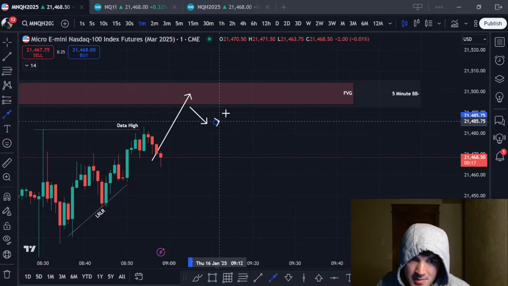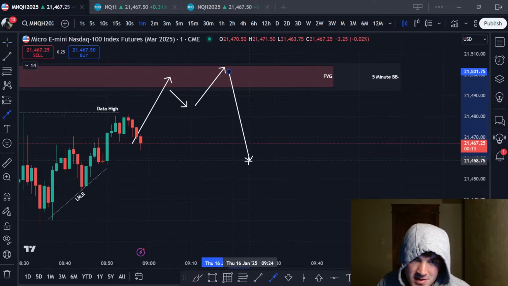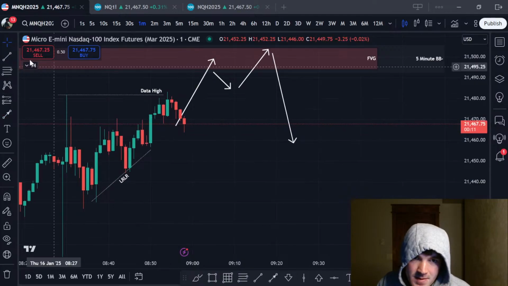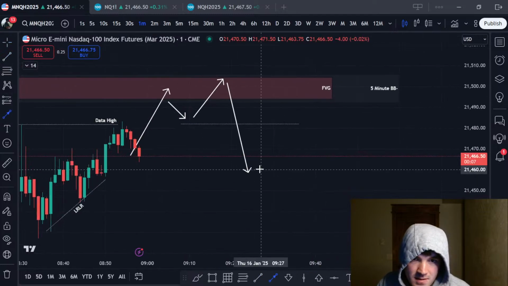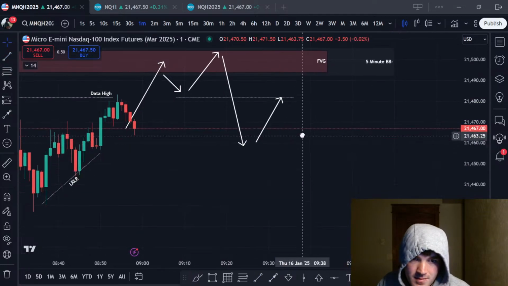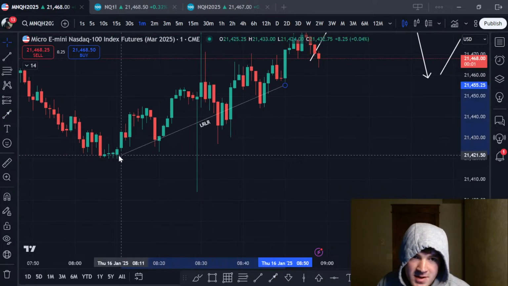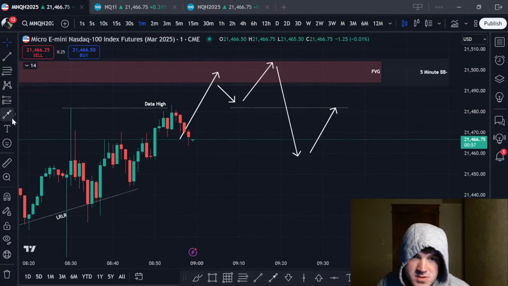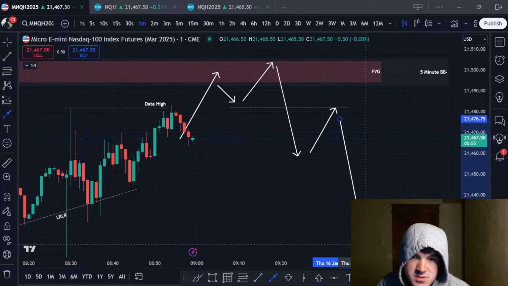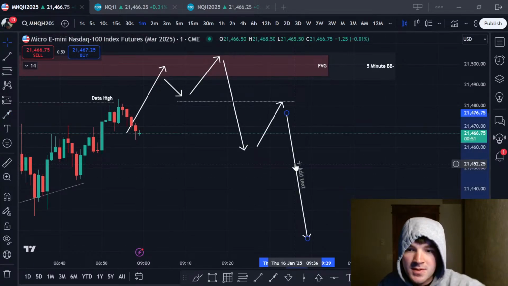I mean, this is totally hypothetical, so take what I'm saying with a serious grain of salt, but maybe a 5-minute CISD like this, and then boom, I'd want to see all this LRLR get taken like this. Maybe during 10 a.m. That'd be cool.